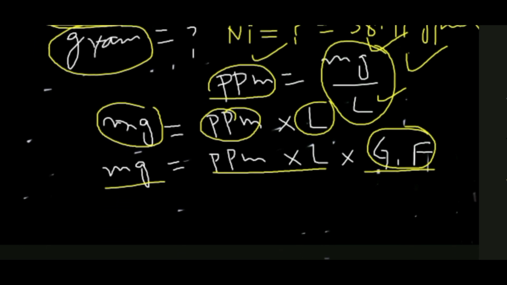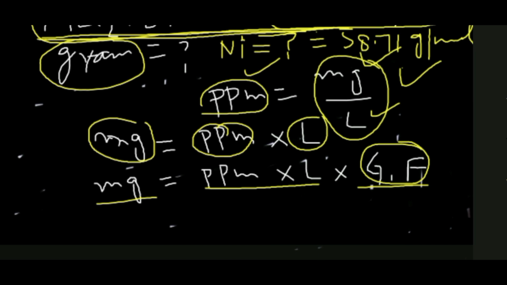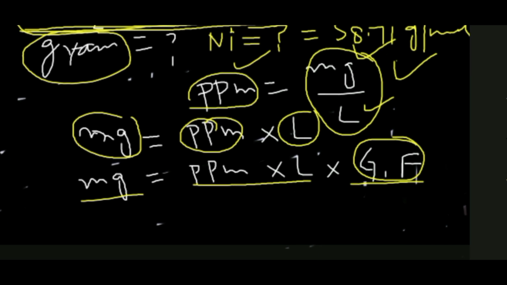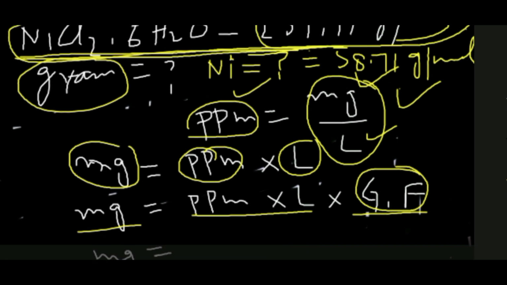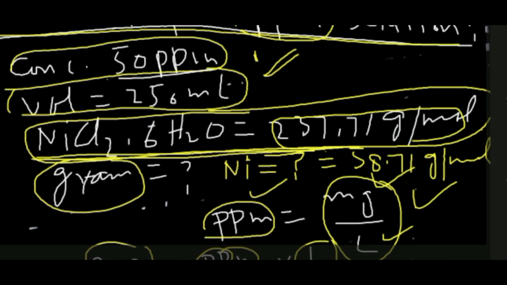So the gravimetric factor will be equal to... we can write it in such a way that milligram will be equal to ppm, and we have to prepare a 50 ppm solution.